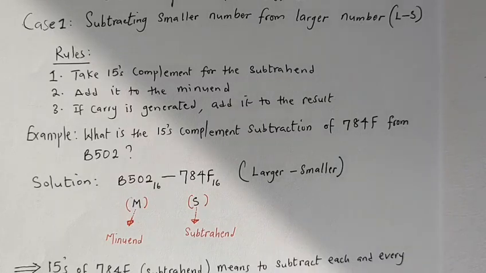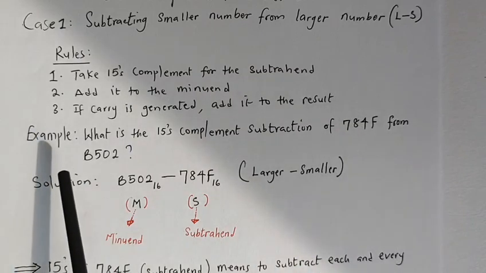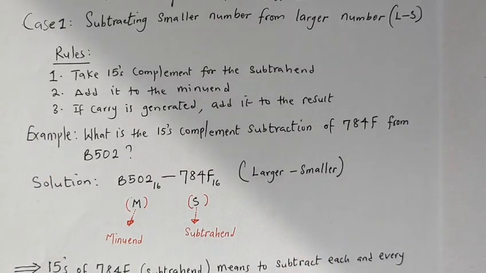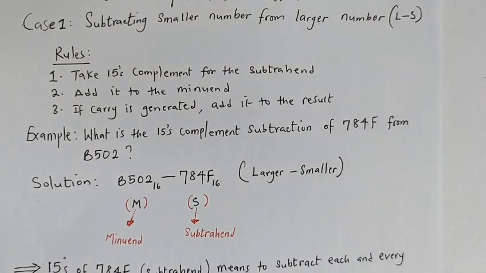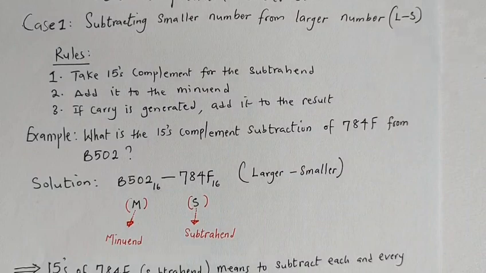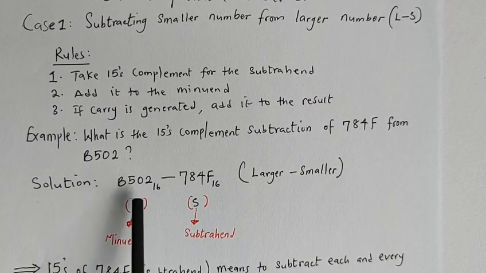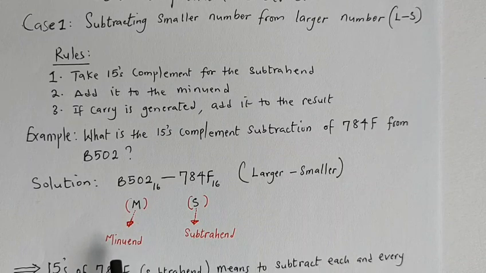Since we're subtracting 784F from B502, we're going to write it this way: B502 minus 784F. B502 is nothing but the minuend, and 784F is nothing but the subtrahend.